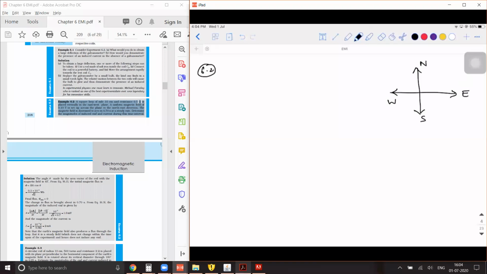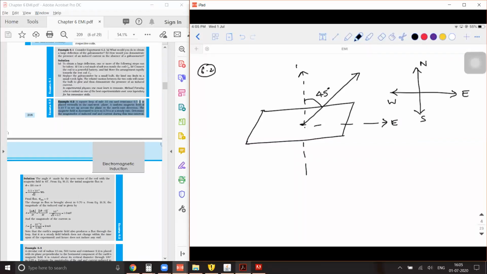There is a square loop which is placed in the east-west plane, so it is going to lie like this. And how is the magnetic field? The magnetic field is in the northeast direction. Northeast means what is the angle made by it with respect to the east and north direction? 45, it's exactly 45 degrees.